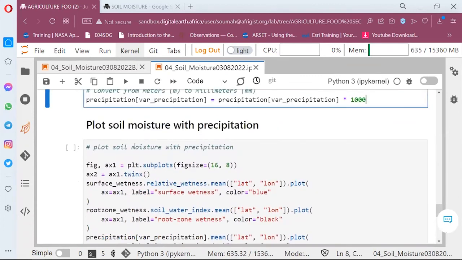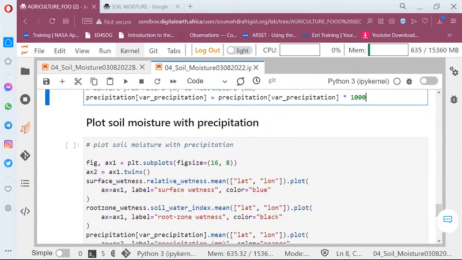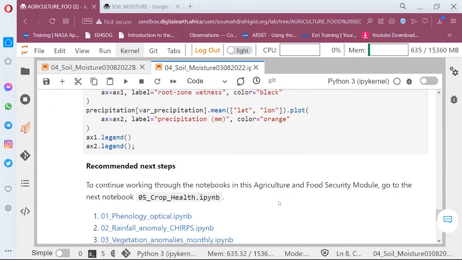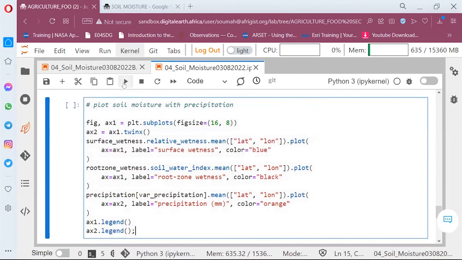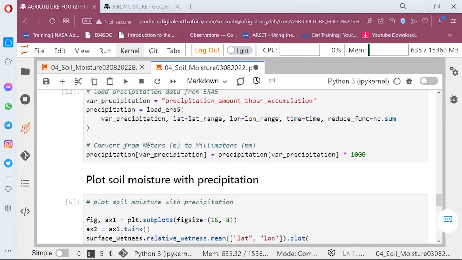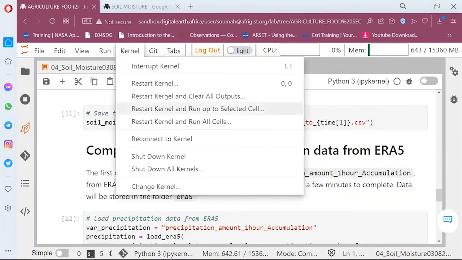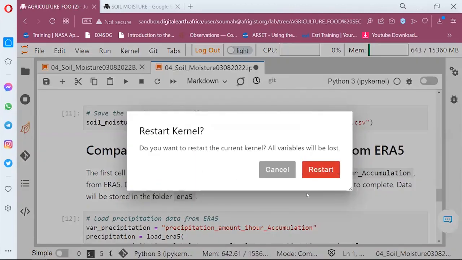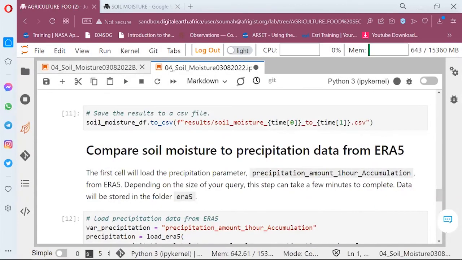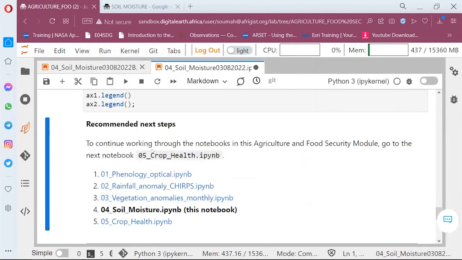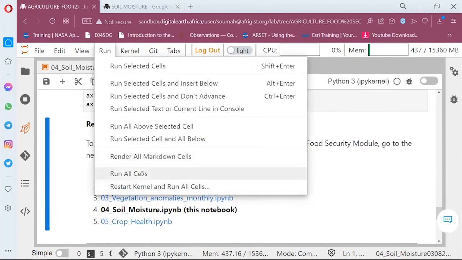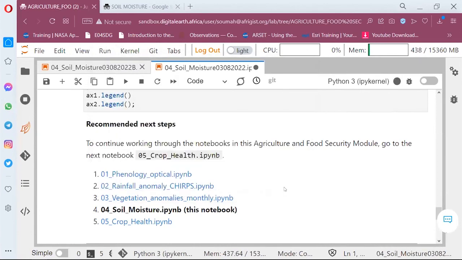We plot the soil moisture and precipitation.